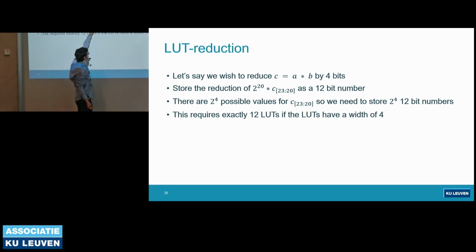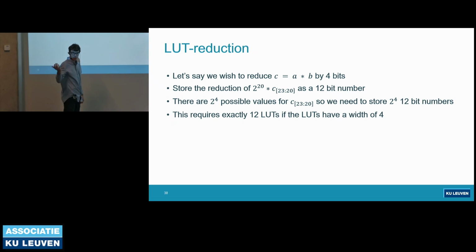And there's 2 to the power of 4, so 16 possible inputs, because there's just 4 bits. And each output has 12 bits. So it's really just a table with 16 rows, and in this table of 16 rows, there are 12-bit numbers.